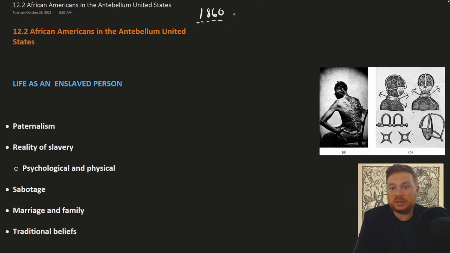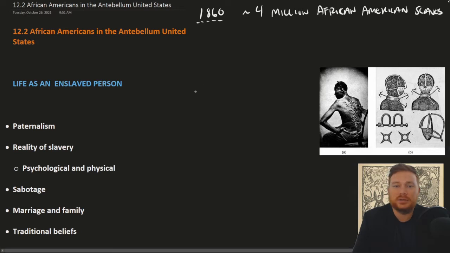And in the year 1860, there were approximately 4 million African American or Black American slaves in the South. There were also approximately 500,000 free Blacks living in the United States.